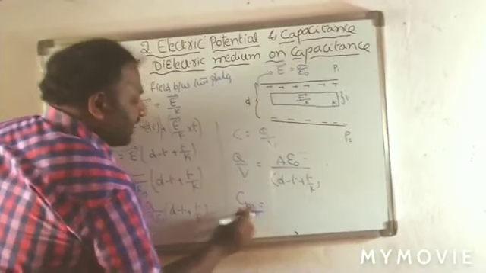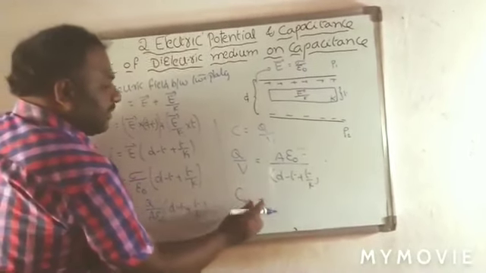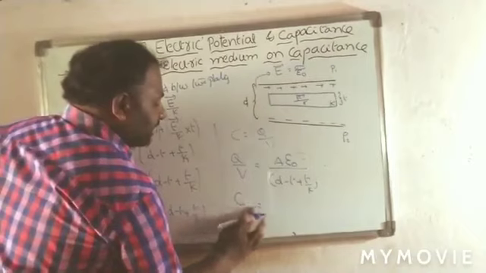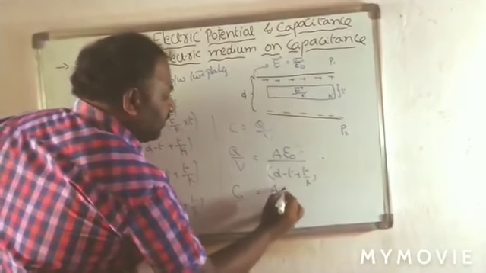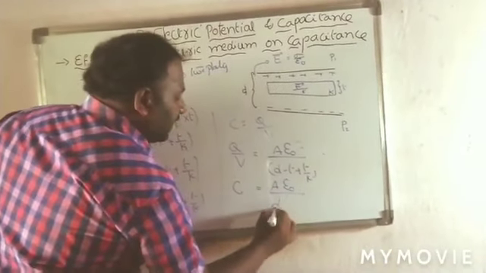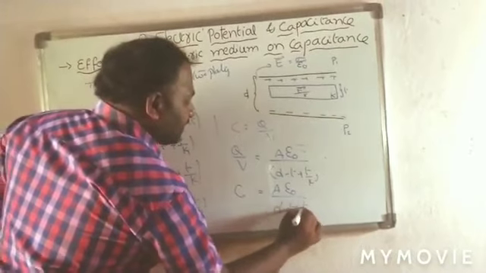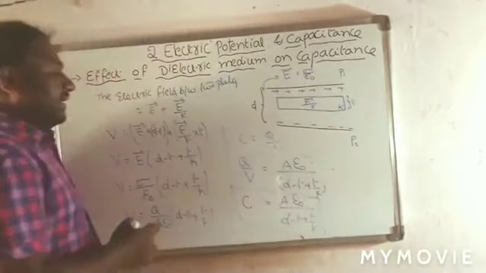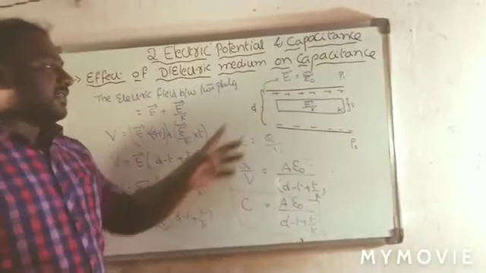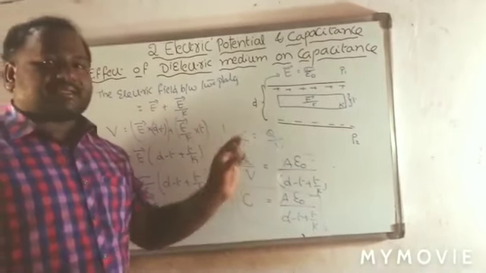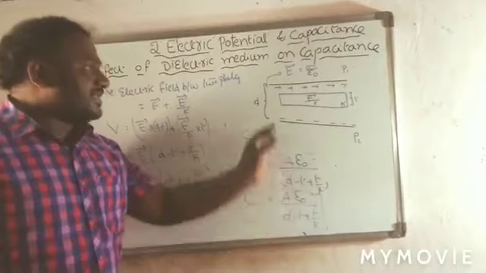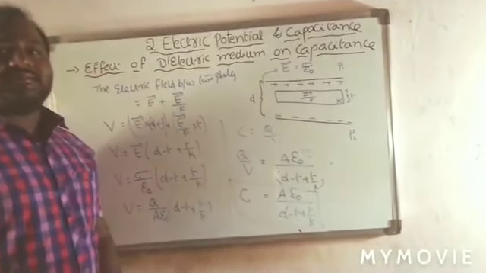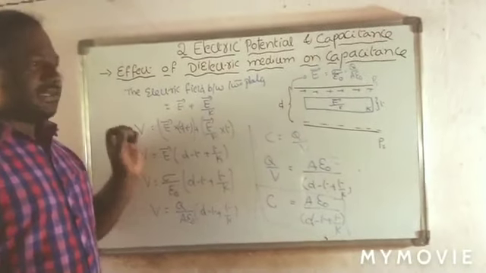So whenever a dielectric medium is placed, the capacitance is C is equal to A into epsilon naught by d minus t plus t by K. Here d is the distance of separation between two plates, t is the thickness of the dielectric, and K is the dielectric constant.